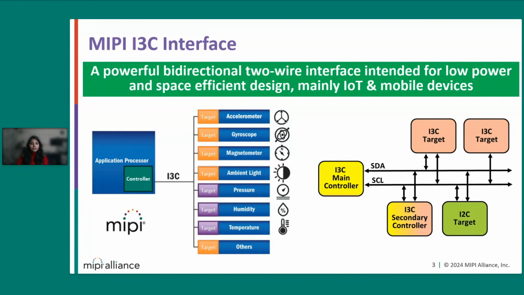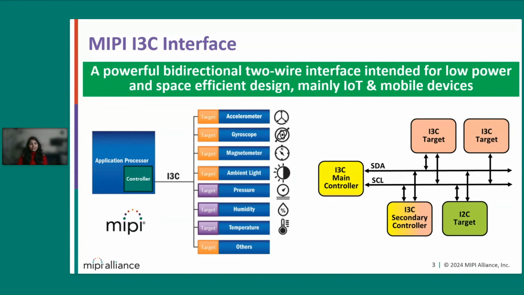The controller initiates and controls the communication on the I3C bus, and it can be a host processor, a microcontroller, or another intelligent device that can communicate with the other I3C devices. Target devices are the devices that respond to the commands and requests sent by the controller. These can be sensors, actuators, or other peripherals that provide data and perform a specific function.